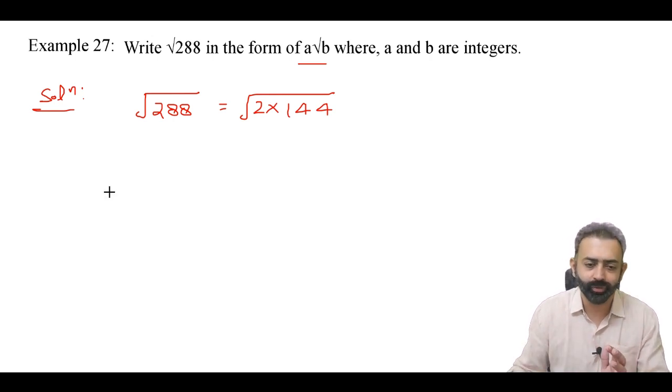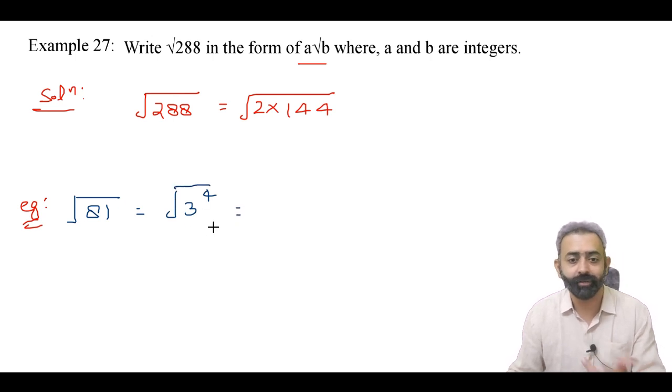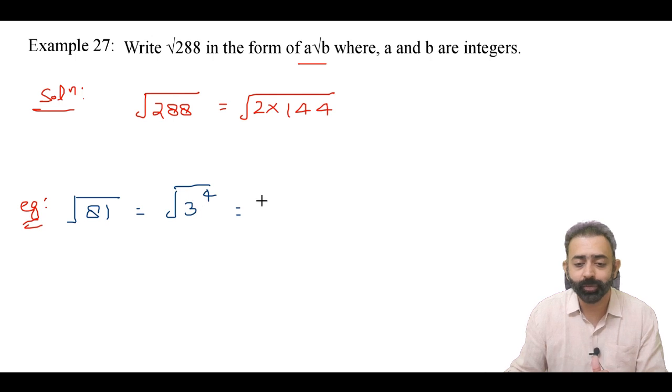For example, if you take the square root of 81, you will write this as 3 raised to power 4 and then square root. So you get the answer as 9. Why 9? Because, just like I said, you need to divide this even number by 2. You get 3 squared. So the number which will come out is 3 squared, which is 9.